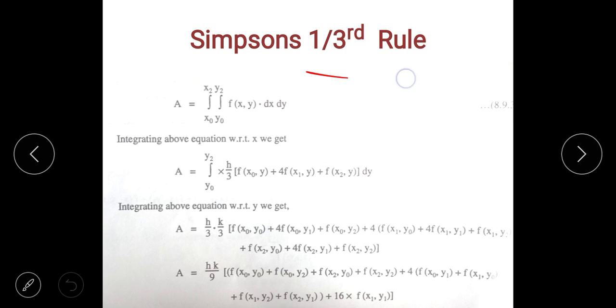Again for Simpson's one-third rule, if you apply single integration, you will get y0 to y2 and these terms. Apply double integration again, y0 to y2, and you will get the term hk by 9. h is the step size for the x terms, and k is the step size for the y terms.